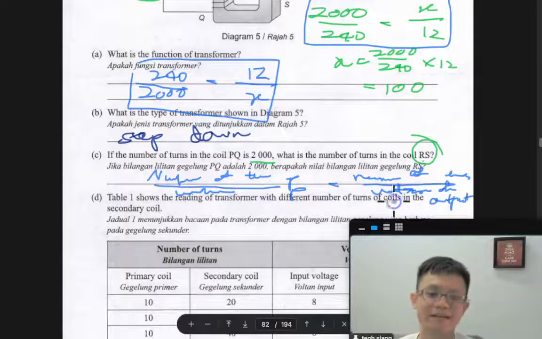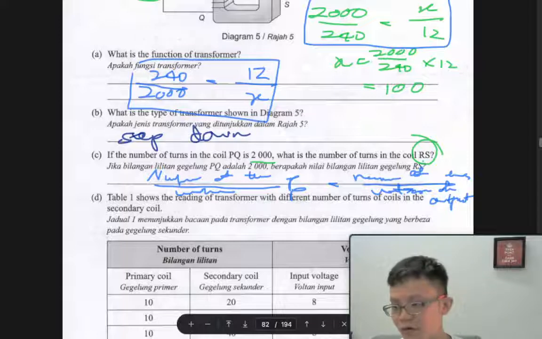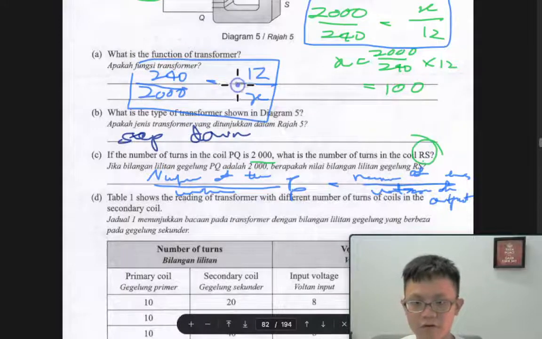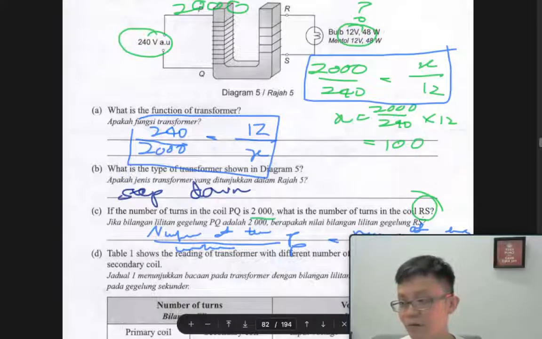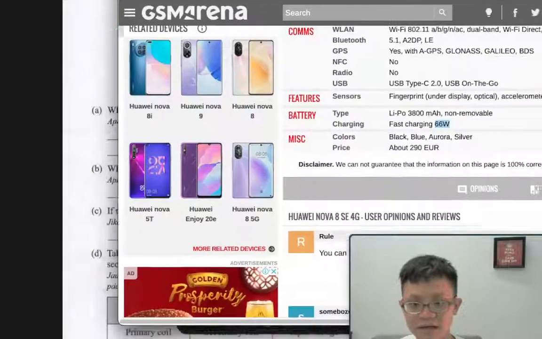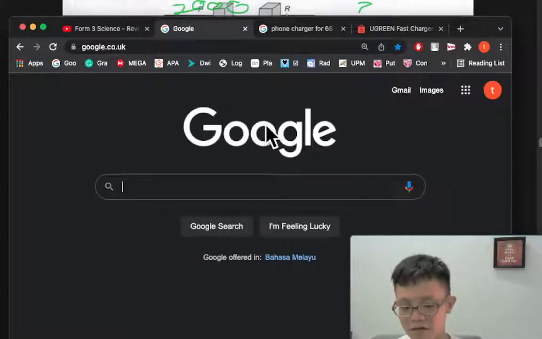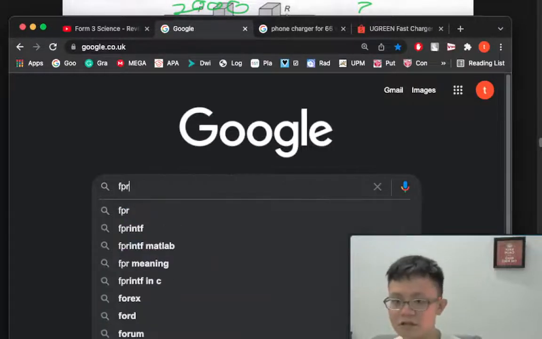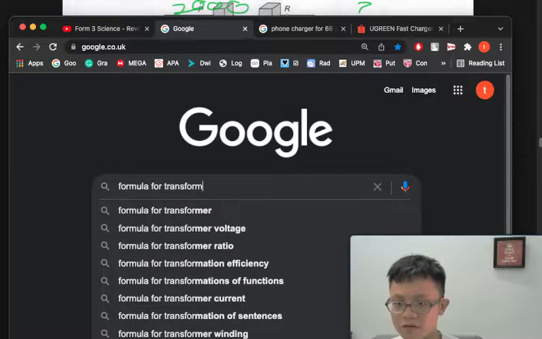I just wrote my handwriting like this, I hope you understand, but I just want to say for transformers it is best if you write down the formula. Wait, you cannot see my handwriting, so I just Google a better formula for transformer.